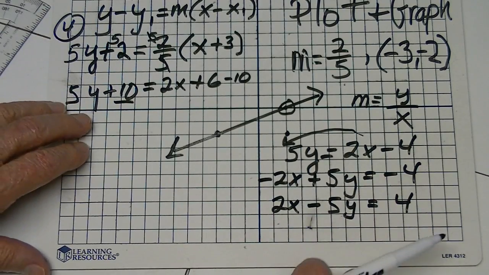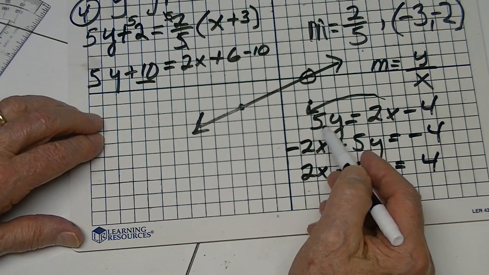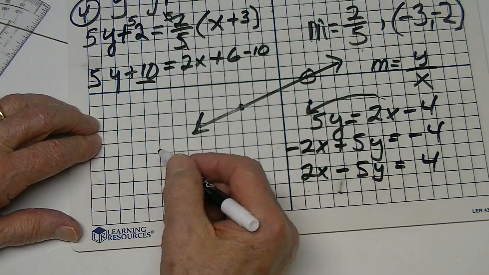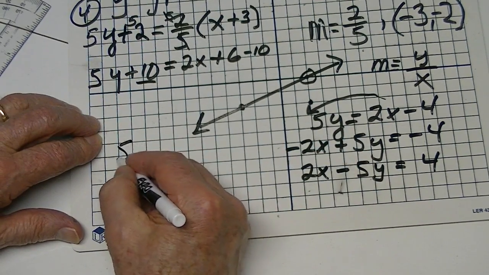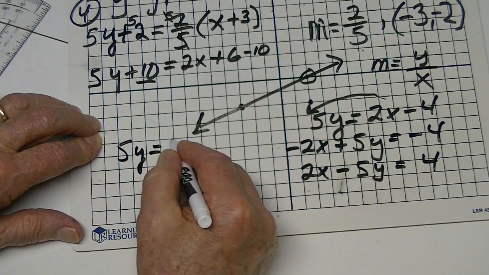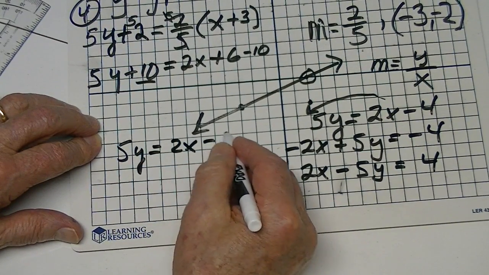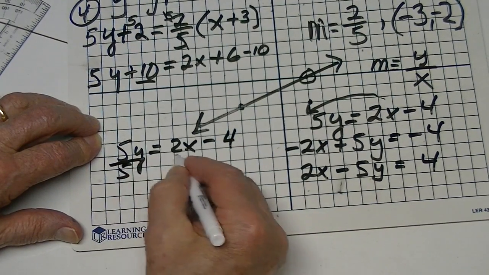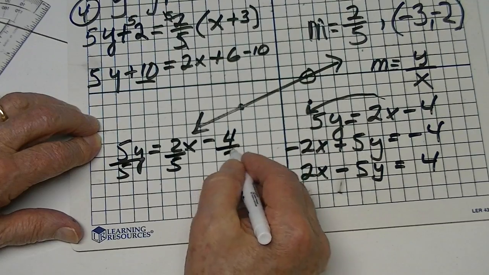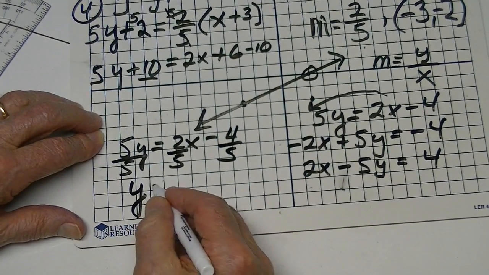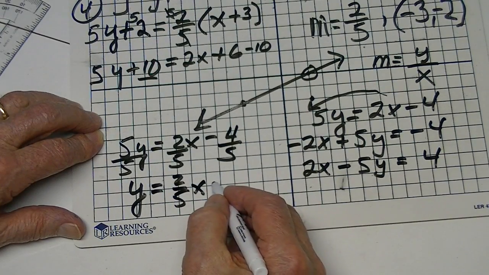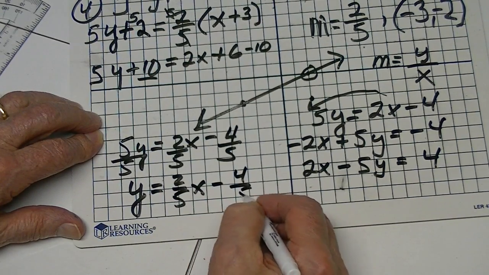Now let's just solve it for y here. If we have it in this form, we would divide everything by 5, so let's write it here. 5y equals 2x minus 4. So divide everything by 5. We get y equals 2/5 x minus 4/5.